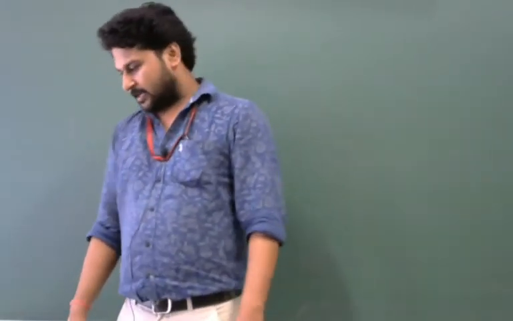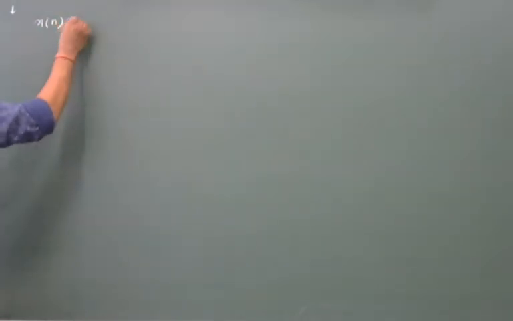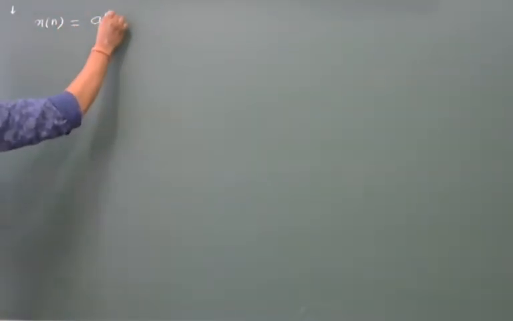So we will begin with the example which says that x of n is given as a power n u of n. We have to find the z transform and more importantly the region of convergence for the existence of z transform of this given sequence a power n u of n.